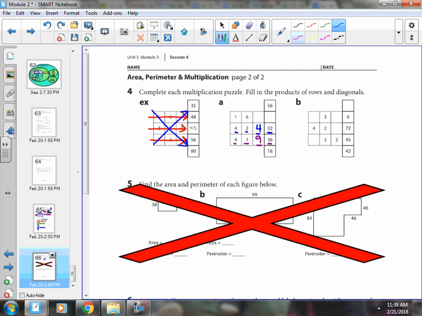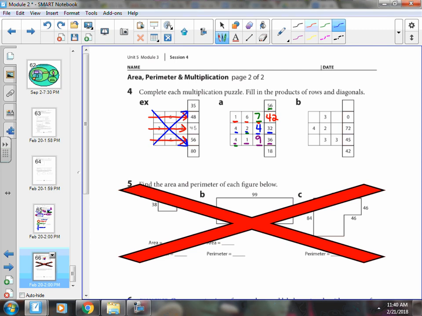And in order to get this last one, I think I might multiply diagonally. 4 times 2 is 8, times 7 is 56. And now I can multiply straight across. 1 times 6 is 6, times 7 is 42. So I'm going to do the ones that I know how to do, and then at the end figure out the ones I still need to figure out.